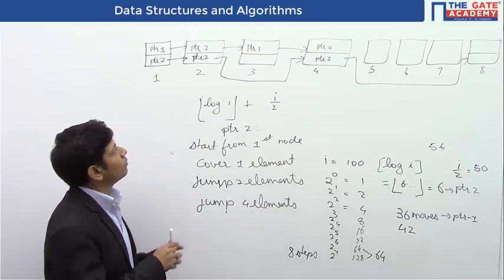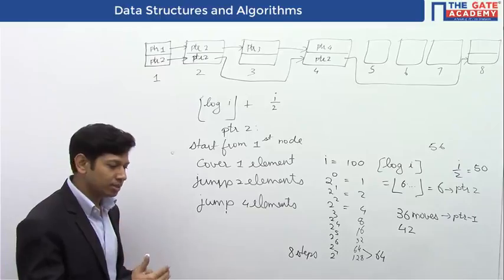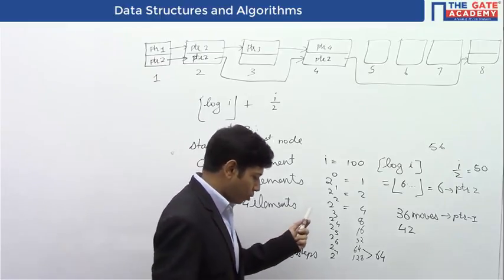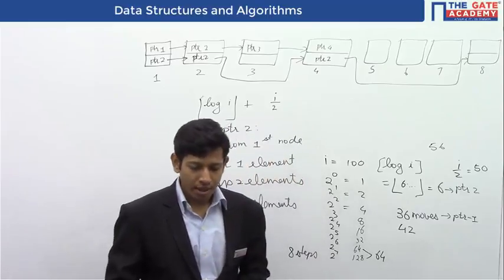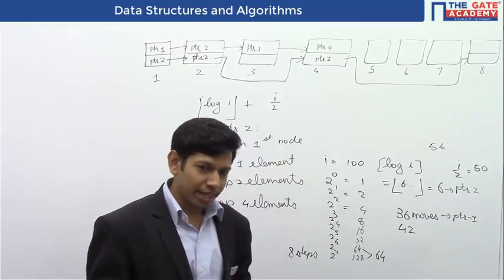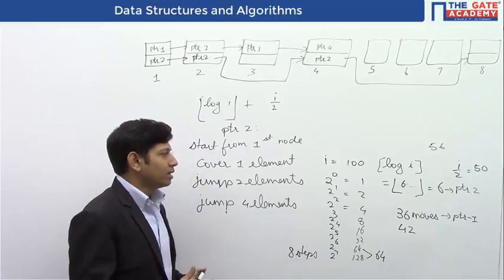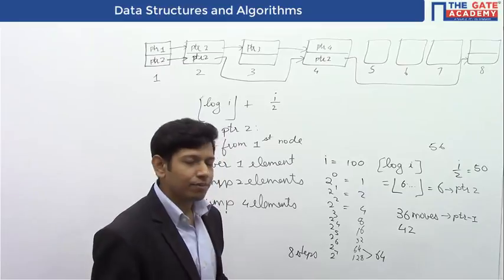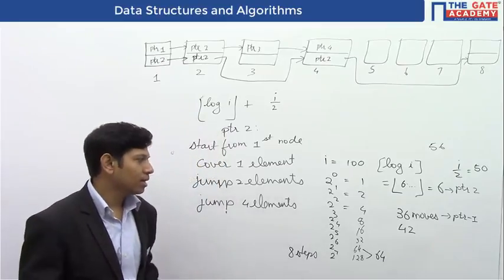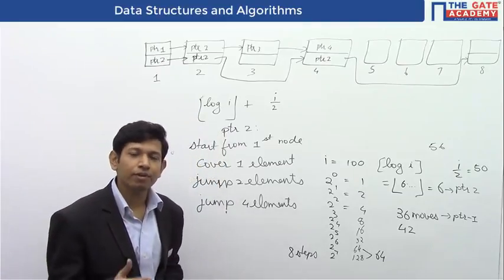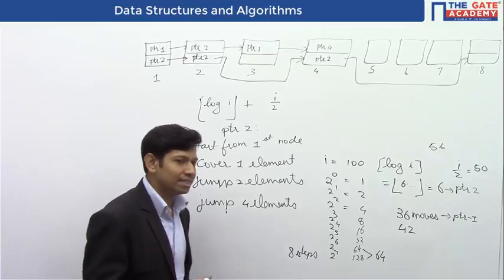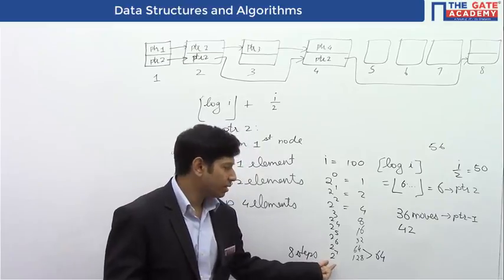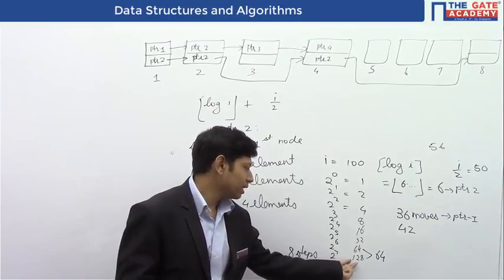So we use pointer 2 in such a way that it jumps by powers of 2 every time. But getting this answer for only one value is not sufficient. We must check whether this approach is working for other values also, and we must also see the pattern which we obtain for different values of I. So let's see the next power of 2 after 2 to the power 7, which is 128.